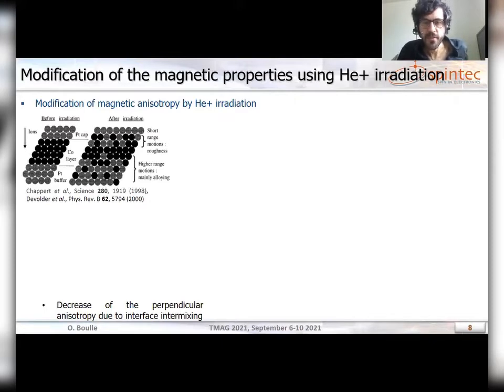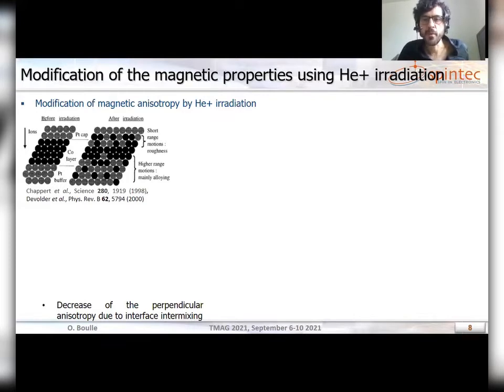In these ultra-thin films, the magnetic properties, such as the magnetic anisotropy and the DMI, arise from the interface. Light ion irradiation allows a gentle modification of the interface by atomic intermixing, thereby changing locally the magnetic properties.